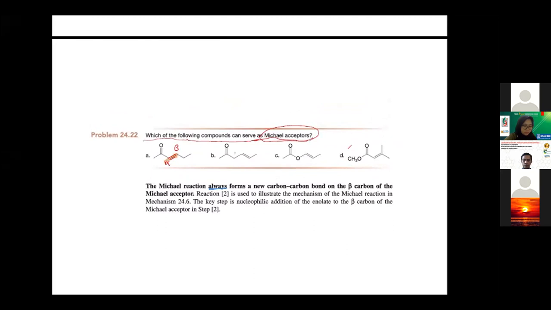And this one, the alpha, beta is not unsaturated. This one has only the alpha position. This one has alpha, beta, with a double bond here. So that's D and A. This is the Michael acceptor.